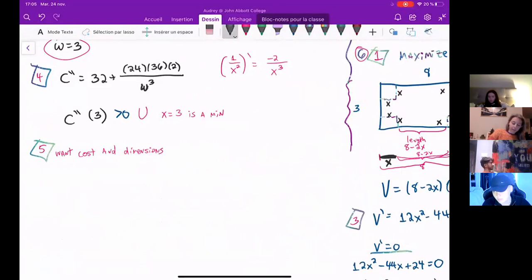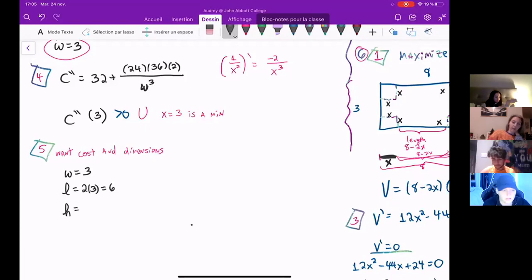And what I have is that W equals 3. So what is my length? If my width is 3, what's my length here? You got it. It was 2 times 3, so that's 6.